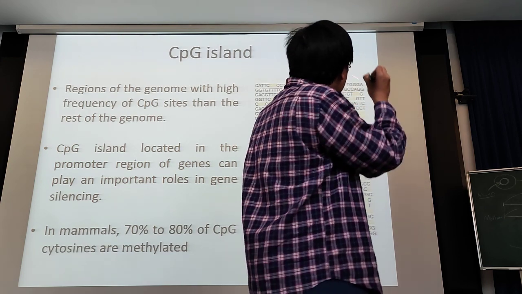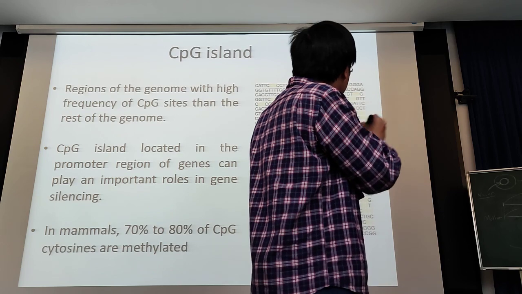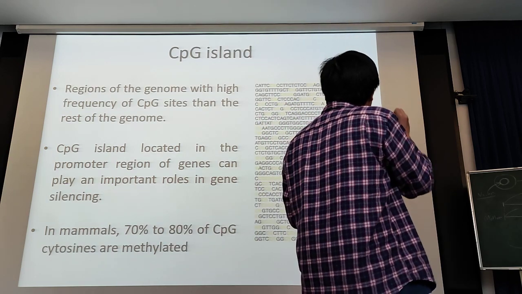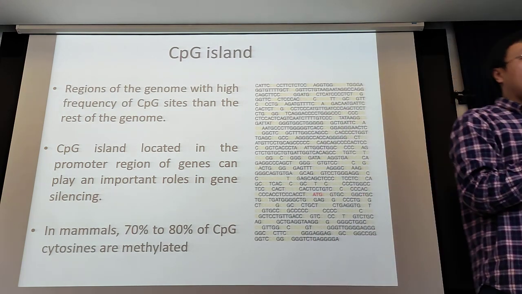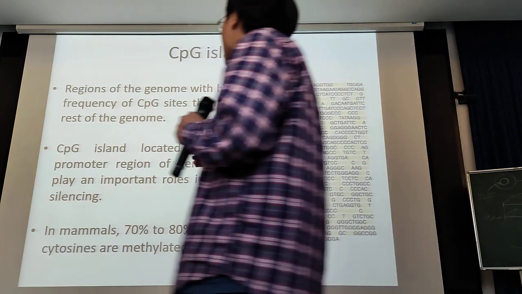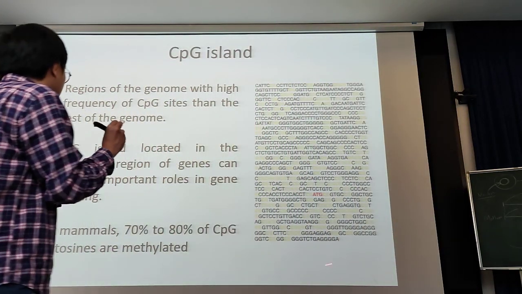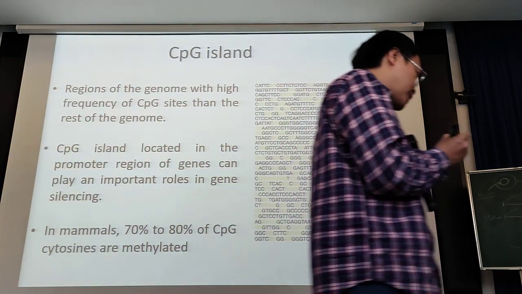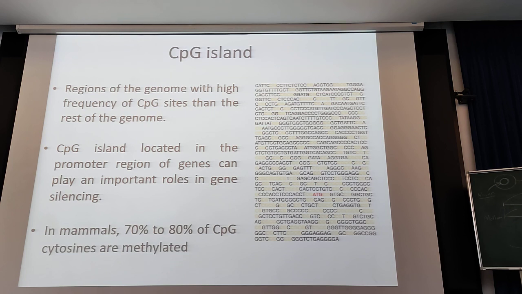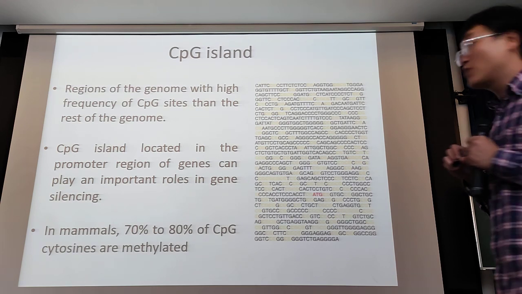Here is the first exon, and you can see that C and G appear very frequently. CpG is very frequent at the beginning of genes, and if the CpG island is mostly methylated, it is a signal that this gene is turned off, untranslated, during development.